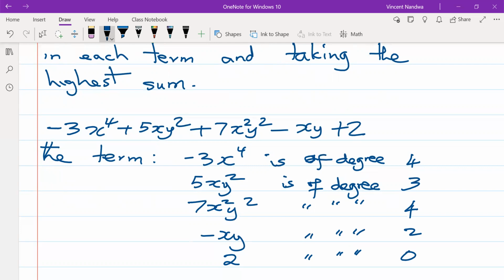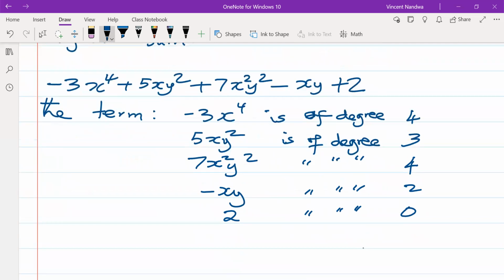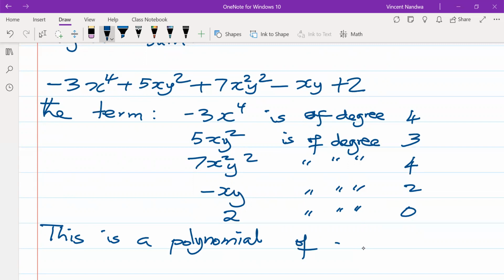So what is the highest degree of each term for this given expression? 4. So therefore, this is a polynomial of degree 4, that highest sum in the powers of the variables involved.